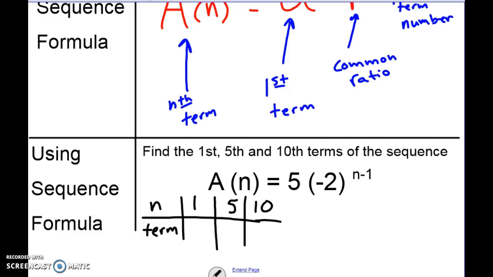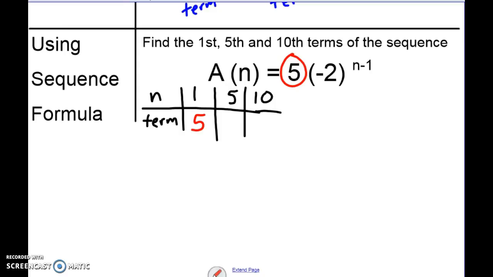Finding the first term is a little silly because we have this 5 right here. That is the first term, so it tells us right in the formula. Now to find the fifth and the 10th term, that's a little different.